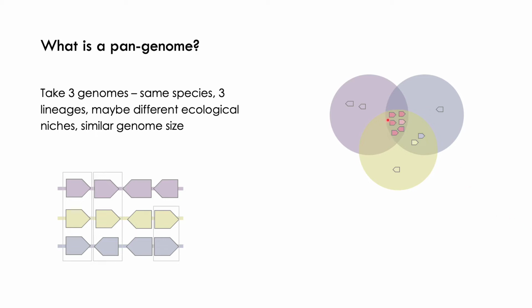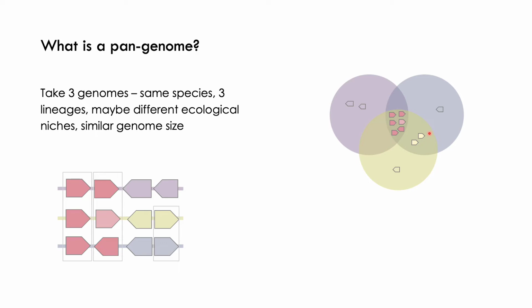So where we have the genes that are shared by all 3 genomes, they're what's called the core genes. And we're going to colour them in red for the rest of this demonstration. We have the single gene that is shared by both the green and blue genomes.